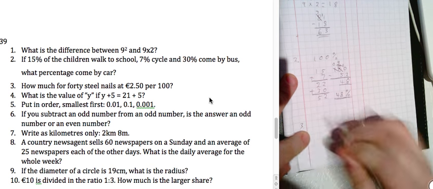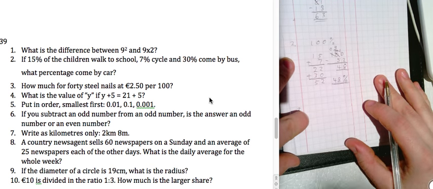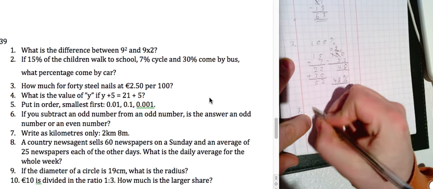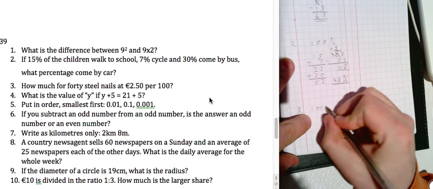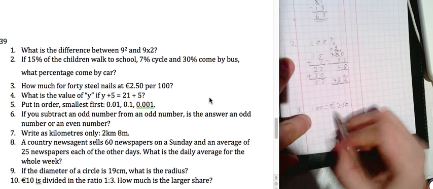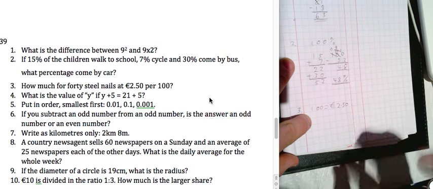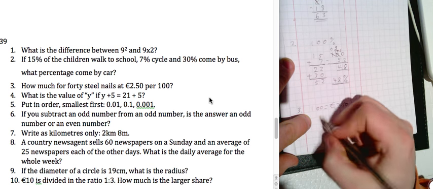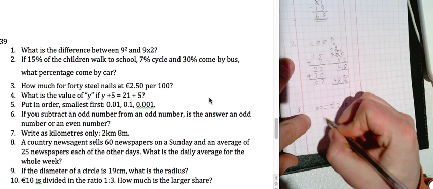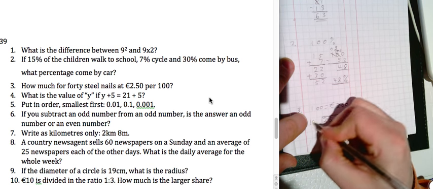Number 3. How much for 40 steel nails at €2.50 per 100? Okay, so what numbers have we got to deal with here? 100 nails is 250, okay? So we're going to find the price of one nail first, and then we're going to find the price of 40. So we're going to divide €2.50 by 100.